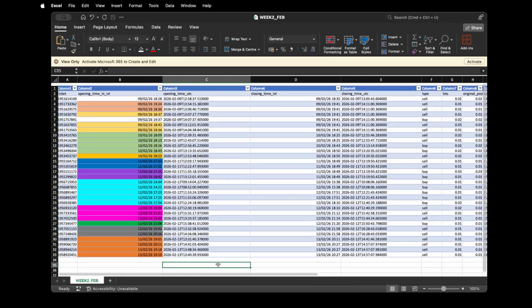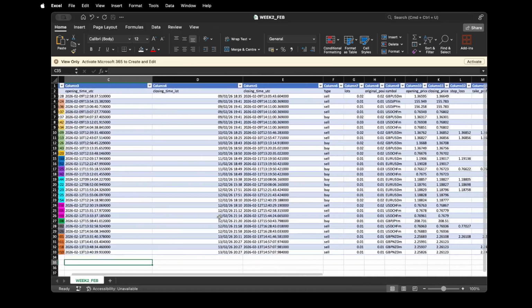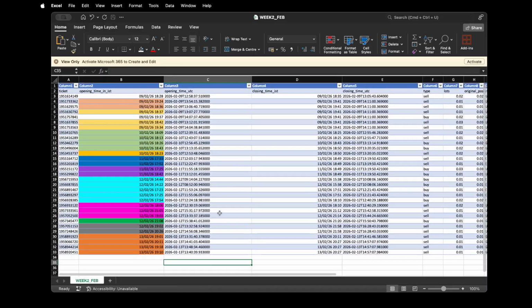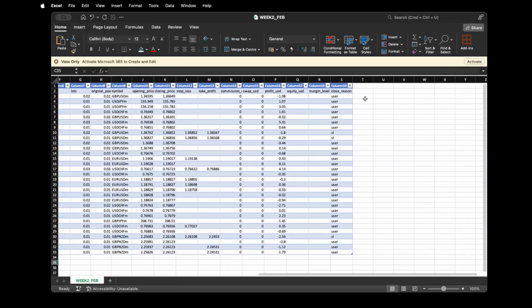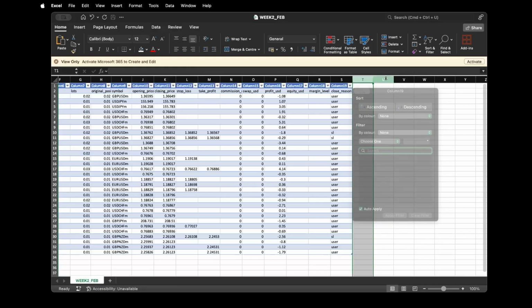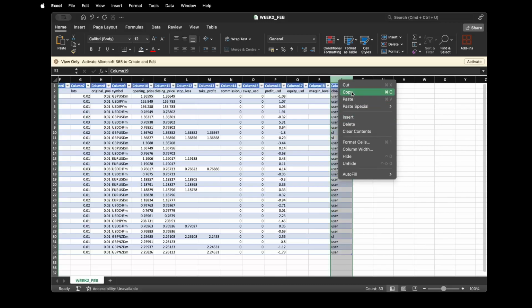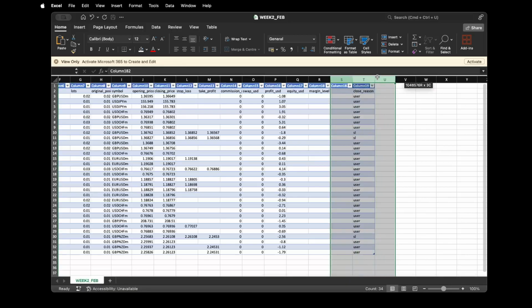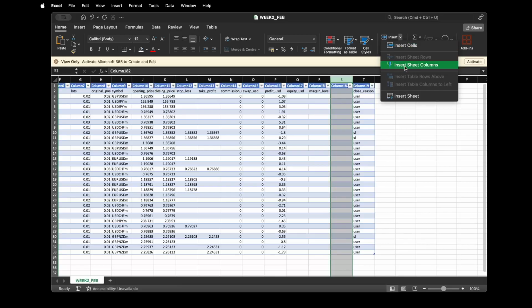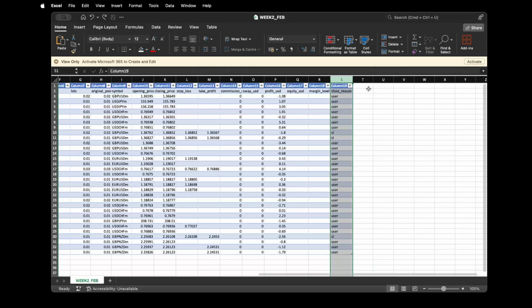So a lot of learnings in here again. We will be starting to analyze these trades one by one, and we'll see what mistakes we made.